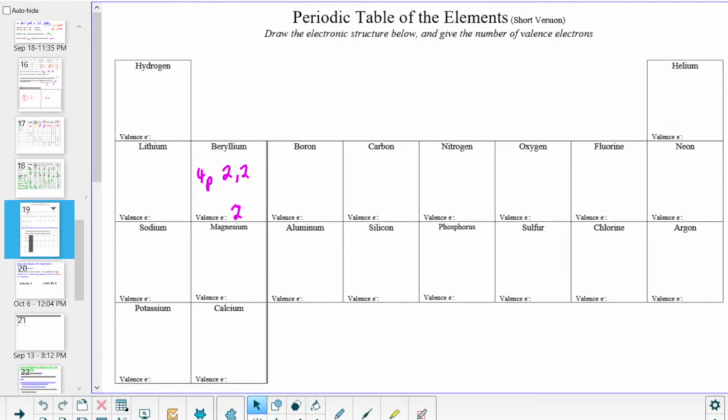Science 10. Schedule. Science 10 attendance. Ooh, looks like we should be all here. Timmy? Timmy. There we go. Ben. Here. And Jonathan. Yep. Ariel.